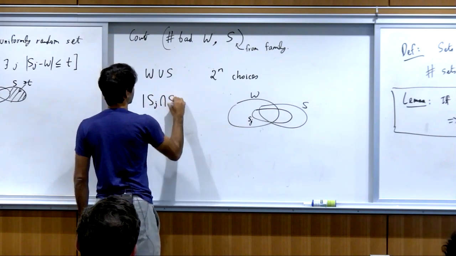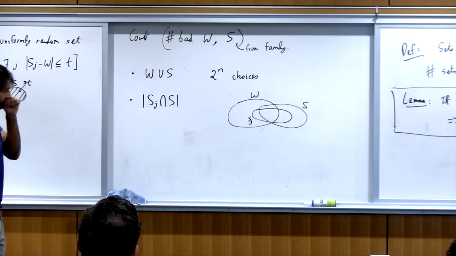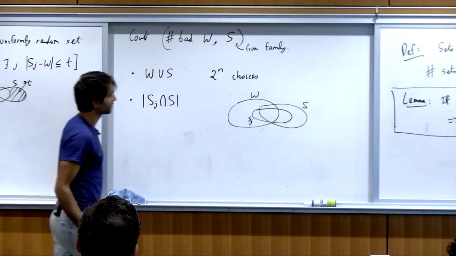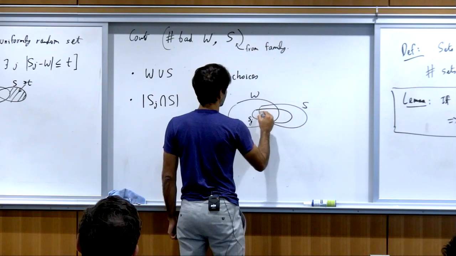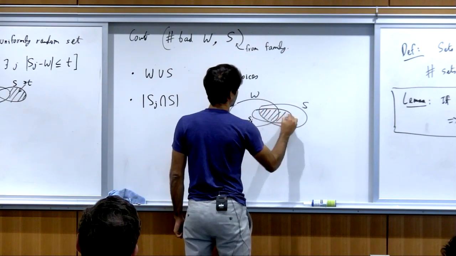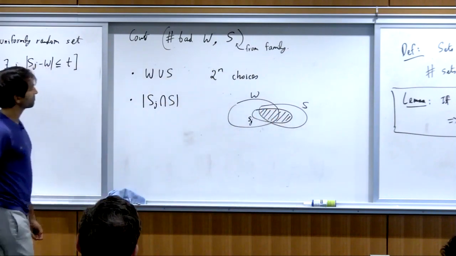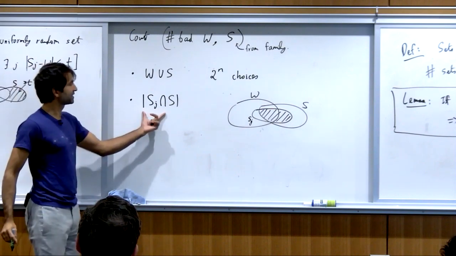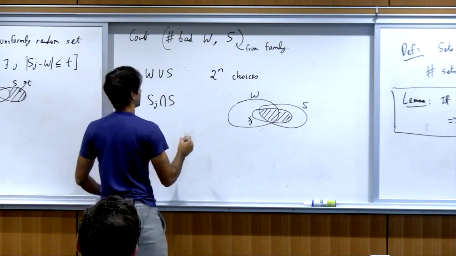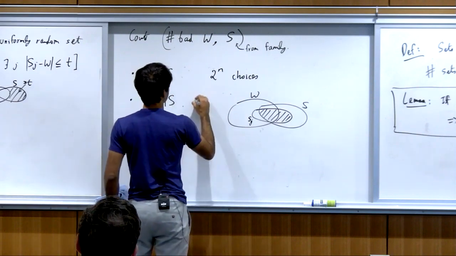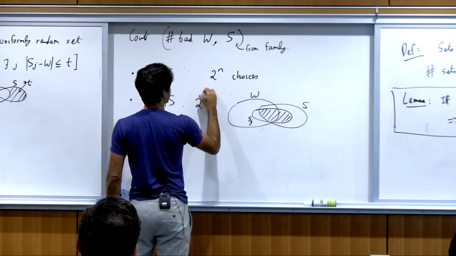intersect S, which is this region. The number of choices for this intersection is at most 2 to the k.